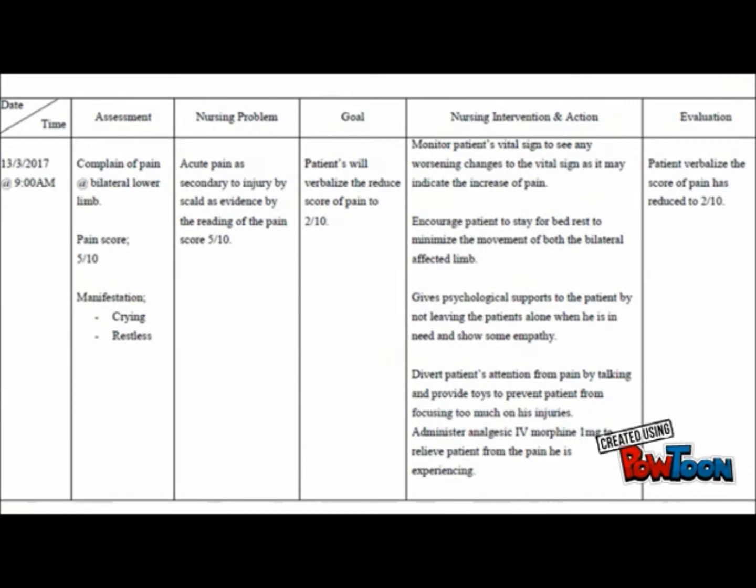Divert the patient's attention from pain by talking and providing pauses to prevent him from focusing too much on his injuries. Administer analgesic IV morphine to relieve the pain he is currently experiencing. The outcome of this assessment is that the patient verbalized the pain score has been reduced to 2/10.